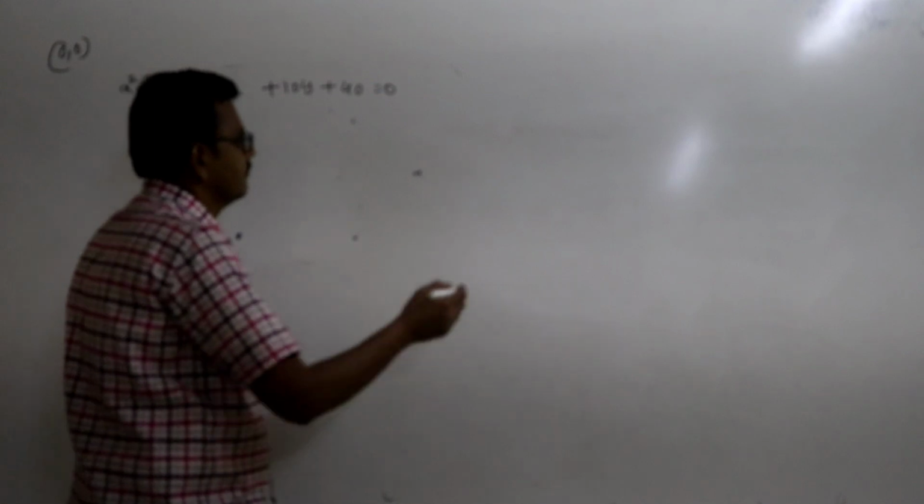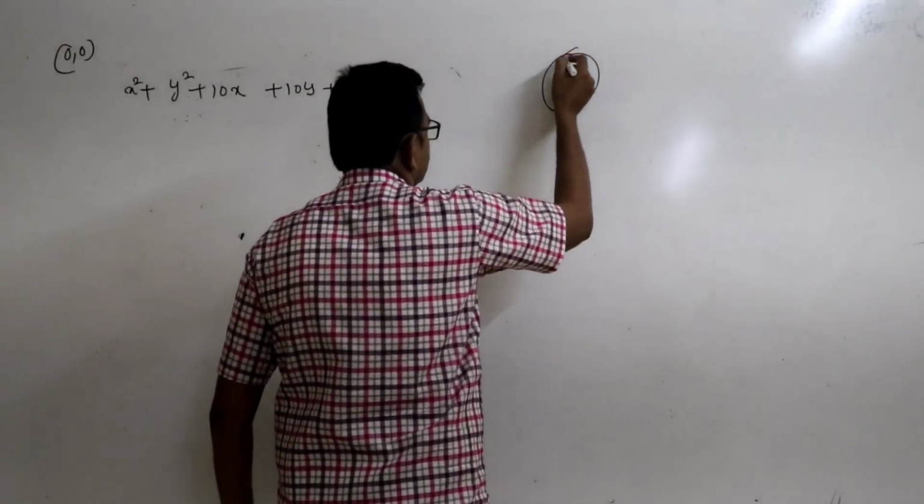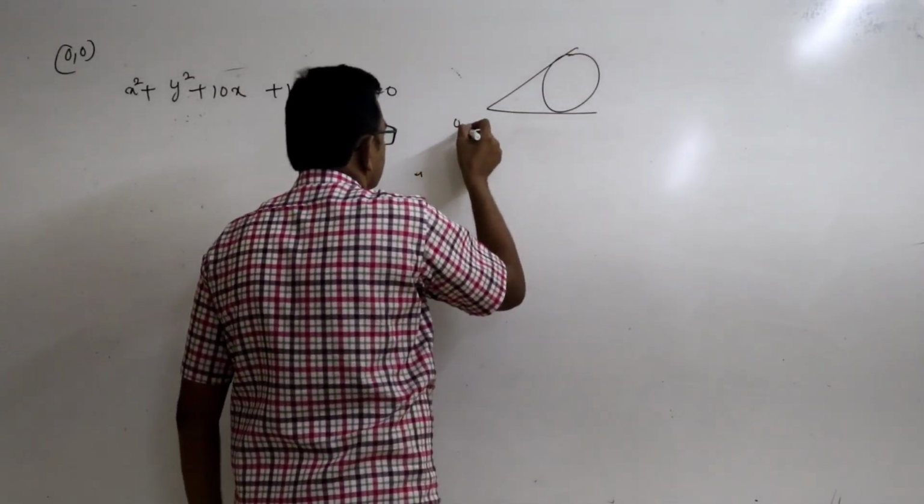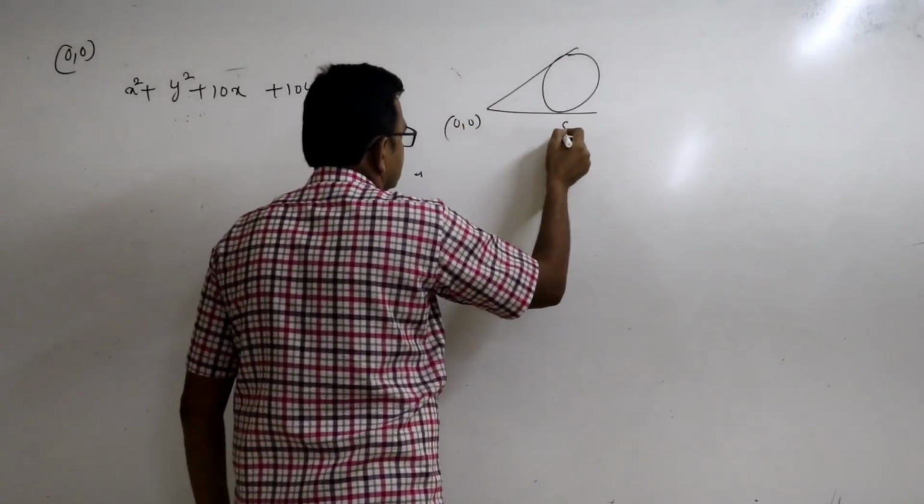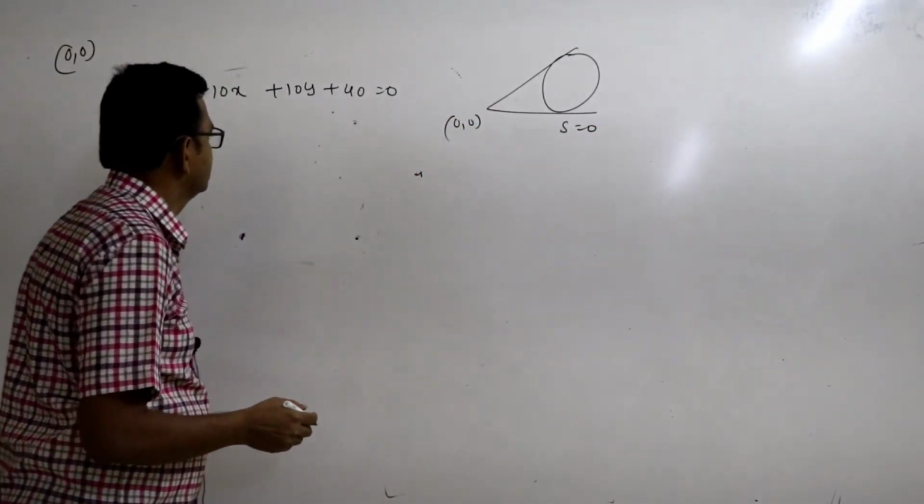Equation of pair of tangents drawn from the origin to the circle S equal to 0.